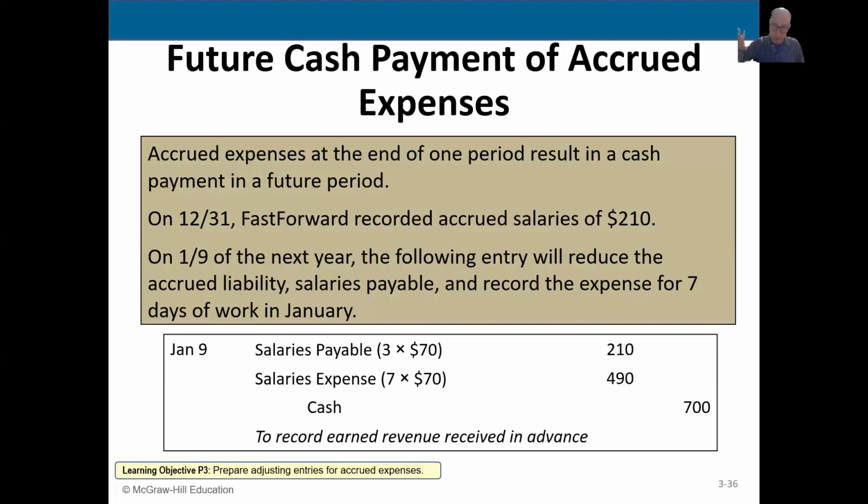I add December 3 days plus 7 days in January. That's to get to the 2 weeks, right? 2 weeks, 10 days. So salaries payable, 210 to reduce my payable. Debit salaries expense, 490. And I credit cash to pay my employee.